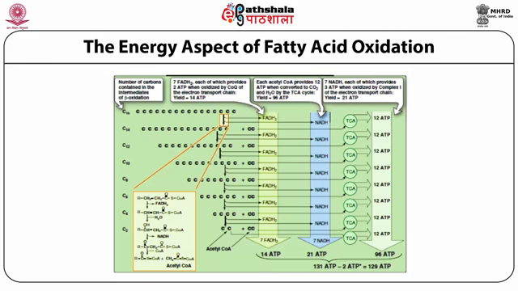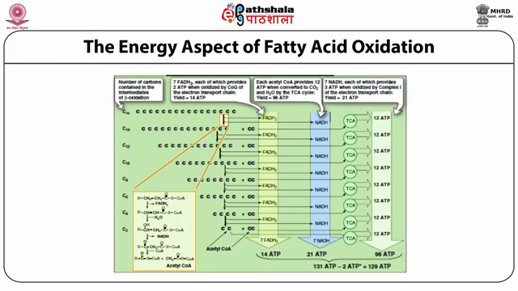The acetyl CoA, which also produces ATP through the Krebs cycle or the citric acid cycle. How the NADH provides ATP when oxidized by complex 1 of the electron transport chain.